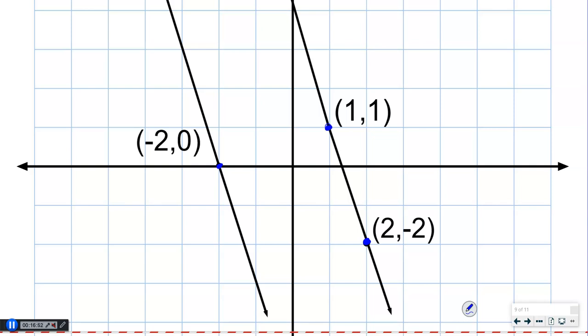So to know it's perpendicular, it looks like we should use this, but we also need to prove that that slope is the opposite reciprocal, right? So let's look at the slope of our blue line here. We go up 1 over 3. So that's the slope of 1 over 3, rise over run.